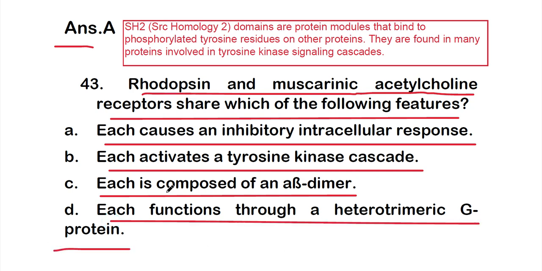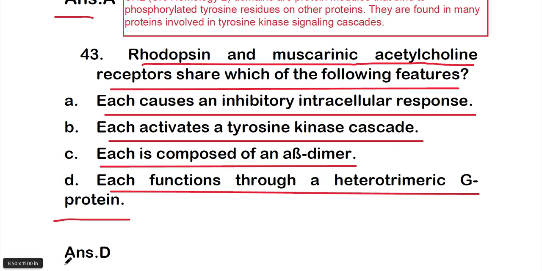Which one is correct about rhodopsin and acetylcholine receptors? The right answer is option D. Rhodopsin and acetylcholine receptors share the feature that each functions through a heterotrimeric G protein.